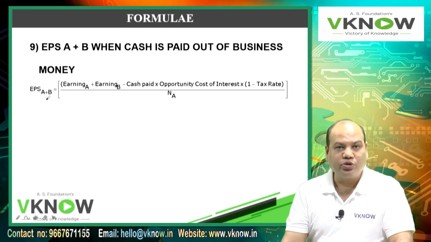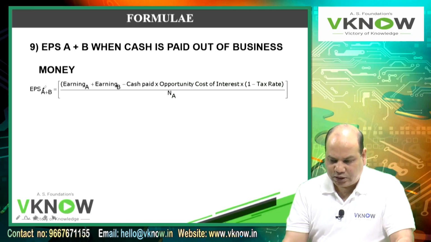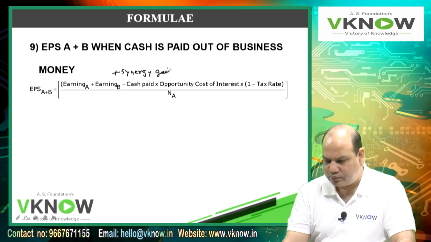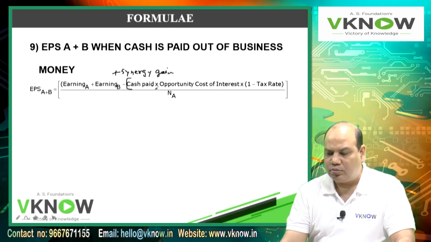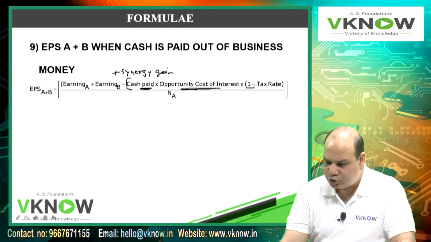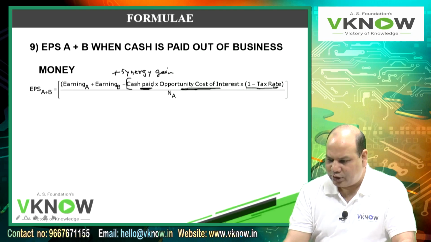So the formula for post merger earning will be EPS of A and B equal to earning of A plus earning of B and plus synergy gain if any, and then minus, you put in bracket cash paid into opportunity cost, because if you pay 100 crore rupees out of your business cash, you have lost the opportunity to earn interest on that into opportunity cost of interest into 1 minus tax rate, net of tax. This 1 minus tax rate is for net of tax.